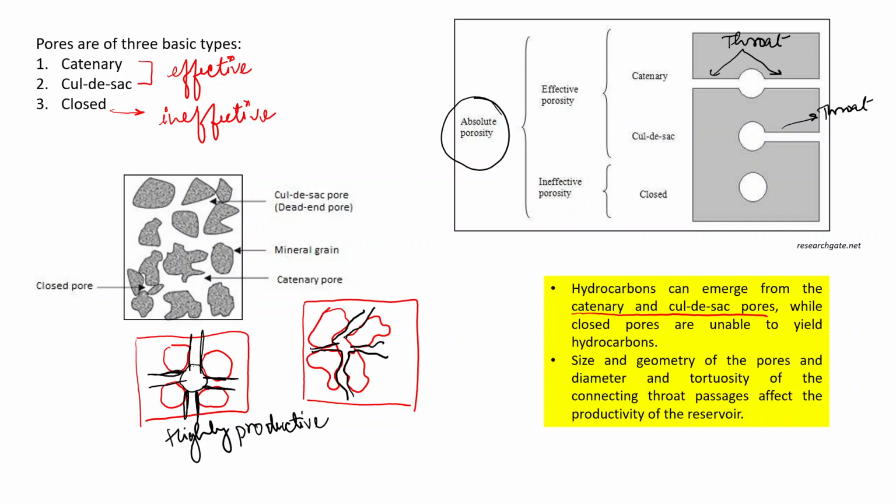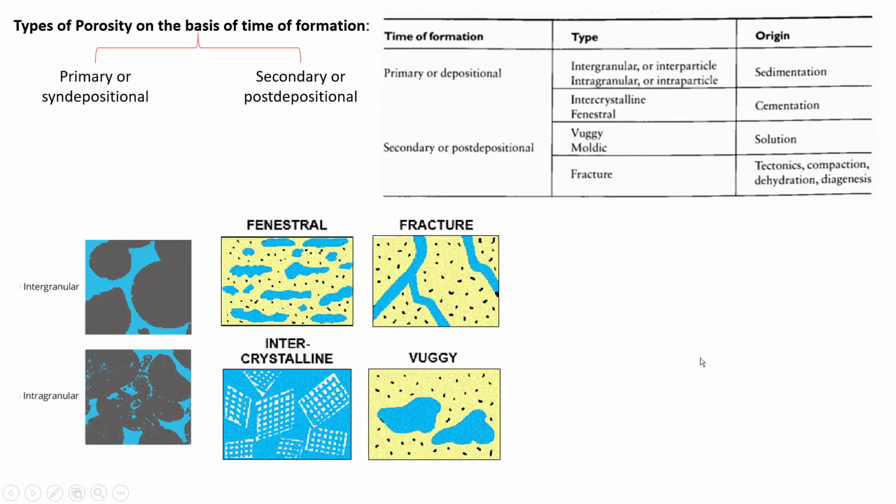So here this may not effectively transmit the fluid. So this may become a less productive reservoir. That is what is written over here, that the tortuosity of the connecting throat passages affects the productivity of the reservoir because they may not allow the free flow or the effective movement of the fluid.